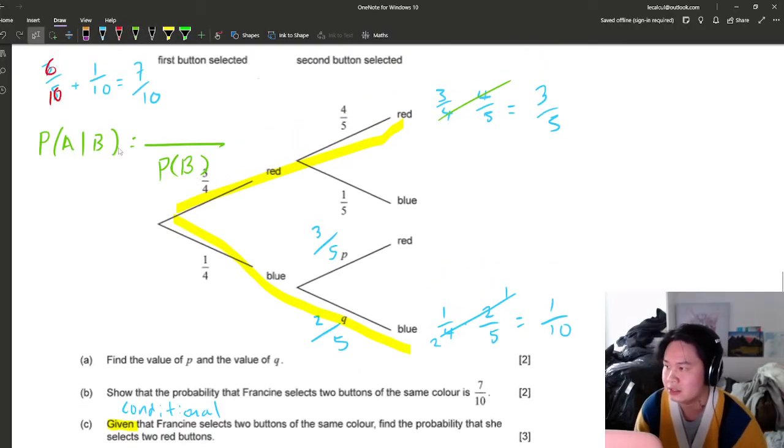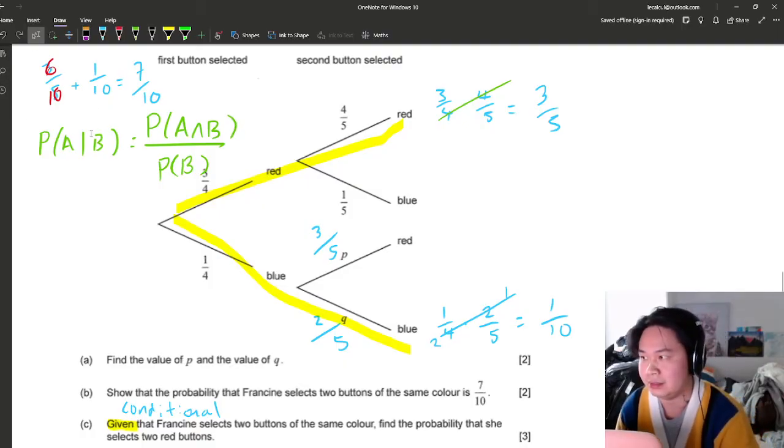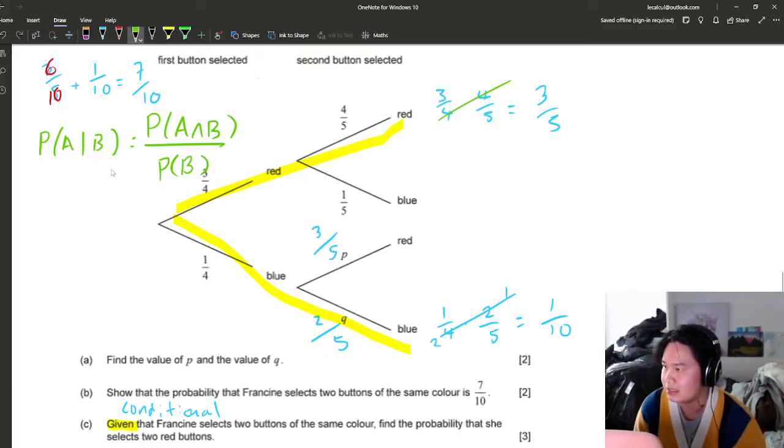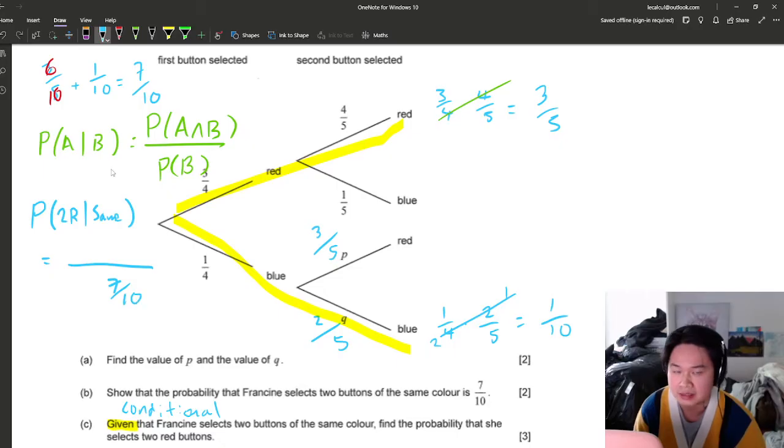Over the top, you need the probability of A happening, but it also needs to have B happen as well, because you know that B has happened. For us, in this question, we want 2 red given we know that it's the same. The probability that it's the same is 7/10. That's what they told you.